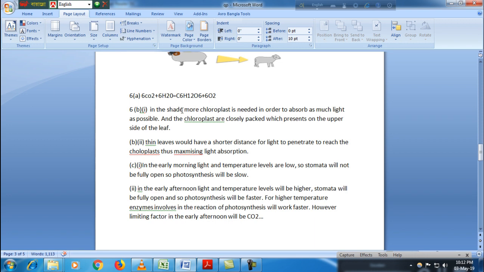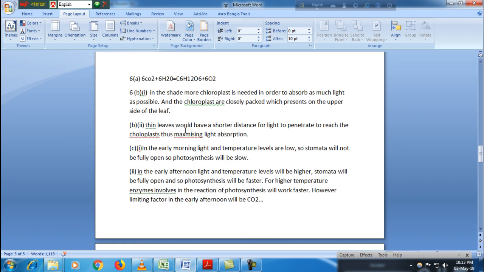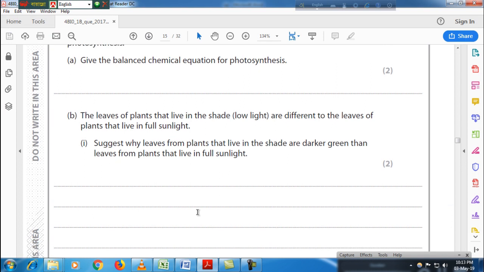Darker green means there are more chloroplasts. The answer will be, in the shade more chloroplasts are needed in order to absorb as much sunlight as possible, and the chloroplasts are closely packed, which are present on the upper side of the leaf. The answer is given on the sheet. Check the sheet.